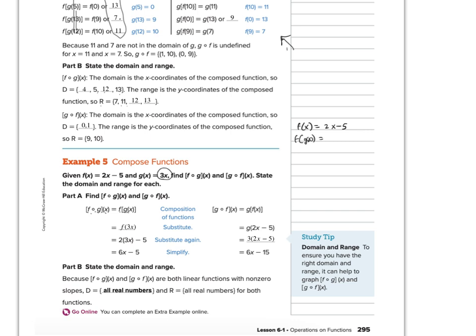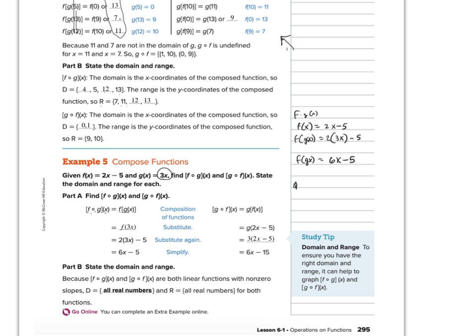G of x is 3x, so I have 2 times 3x minus 5. So f of g of x is equal to 6x minus 5. That's what they're hinting at here. And this was f of g of x.